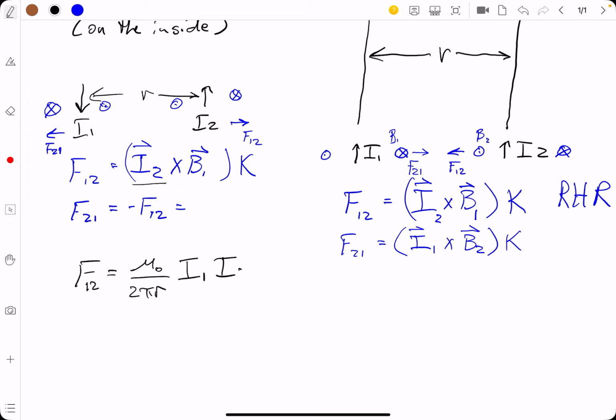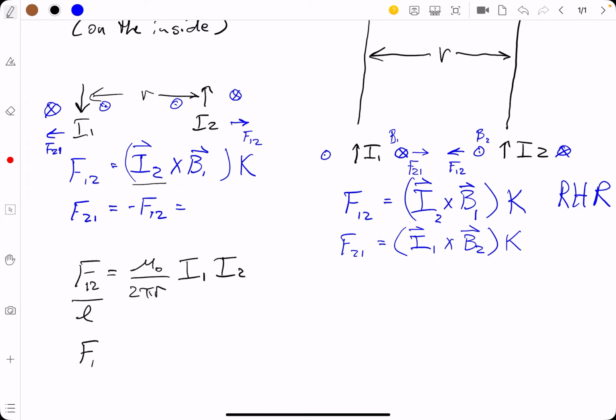So I'm going to multiply that by I2, and I've got my mu naught over 2 pi r times those things. And now this is a force per length.